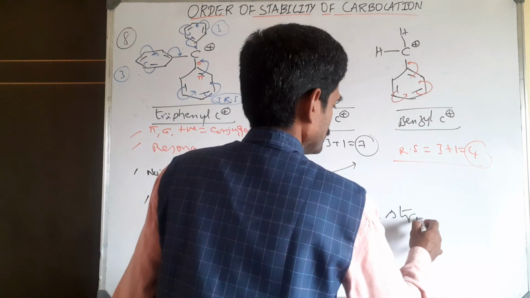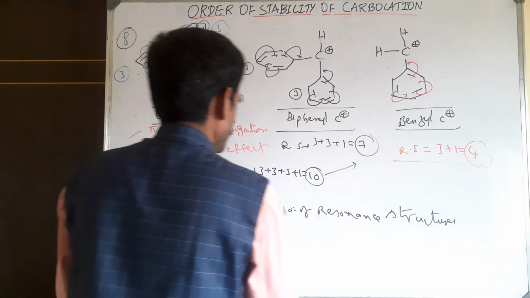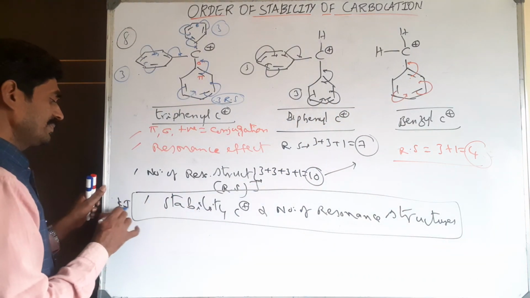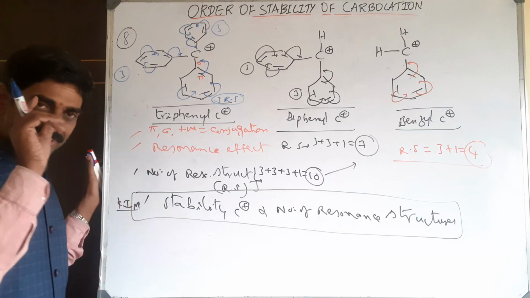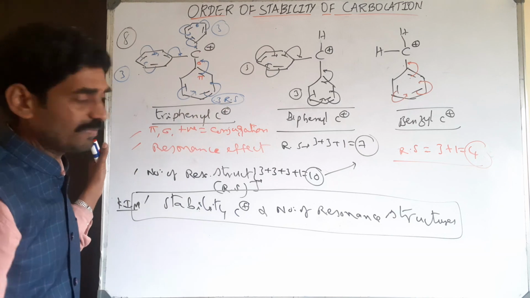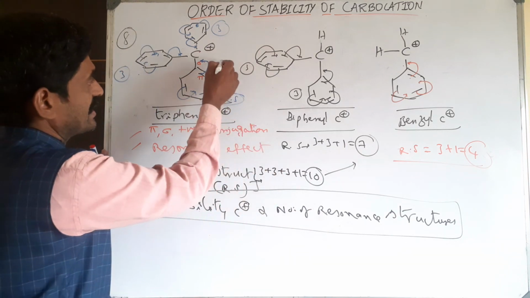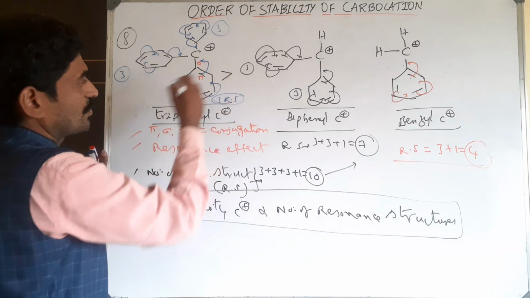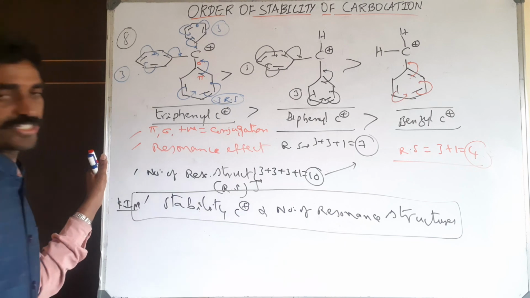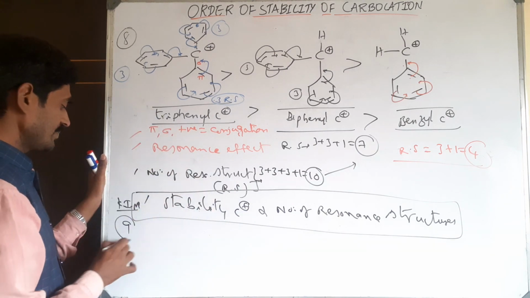You have to keep this point in mind. If questions like this appear, you can easily answer them. Now the number of resonance structures here is 10, so this triphenyl carbocation is the most stable. Next biphenyl. Next benzyl is least stable. Got it? Next one, another example.